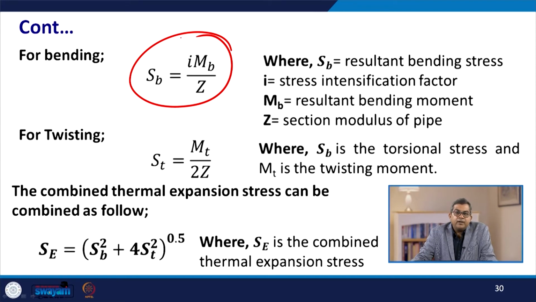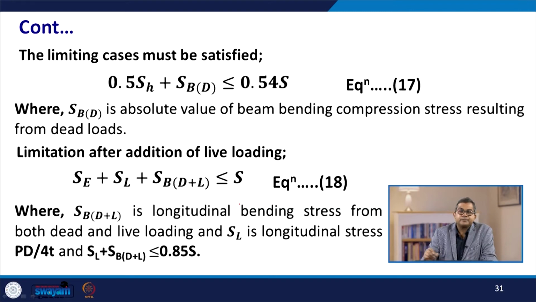The combined thermal expansion stress can be given as SE is equal to SB square plus 4 ST square to the power 0.5, where SE is the combined thermal expansion stress.